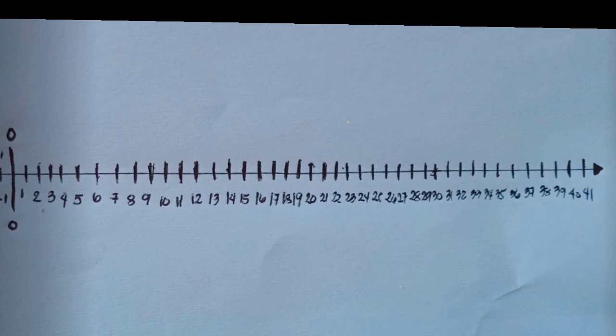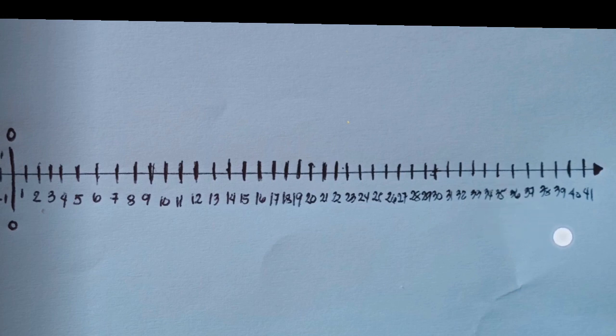So let's count. 0 is the first value. 1, 2, 3, up to 10. Then back to 1, 2, 3, up to 10, and again, until we end on 1, 2.